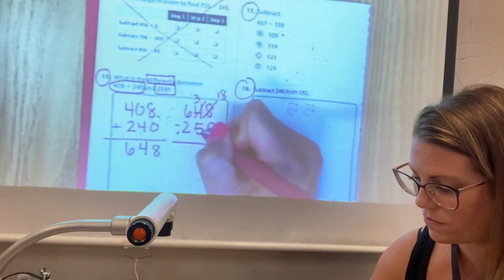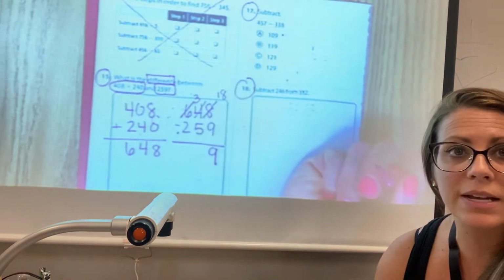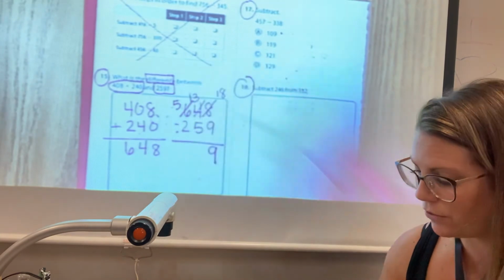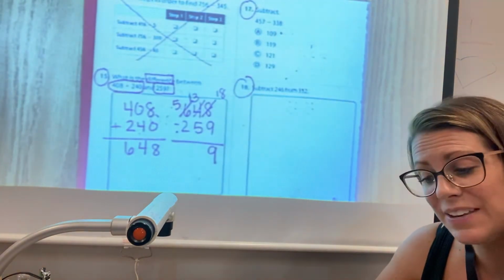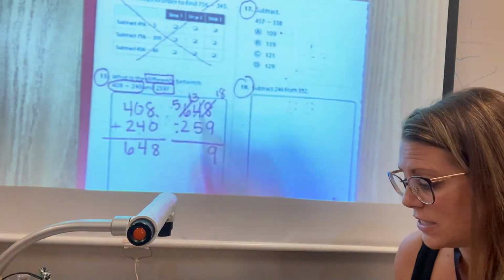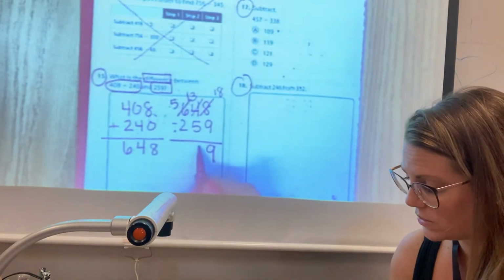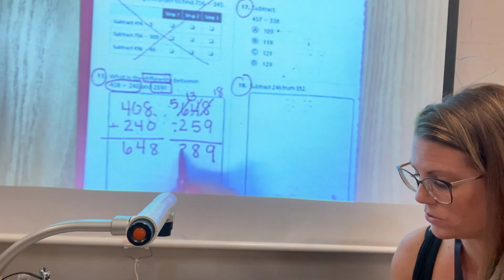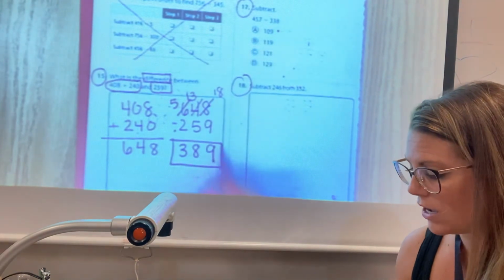Again, we have more on the floor, so we have to go next door. The 6 turns into a 5. The 3 turns into a 13. And 13 minus 5 equals 8. And 5 minus 2 equals 3. You should have gotten 389.